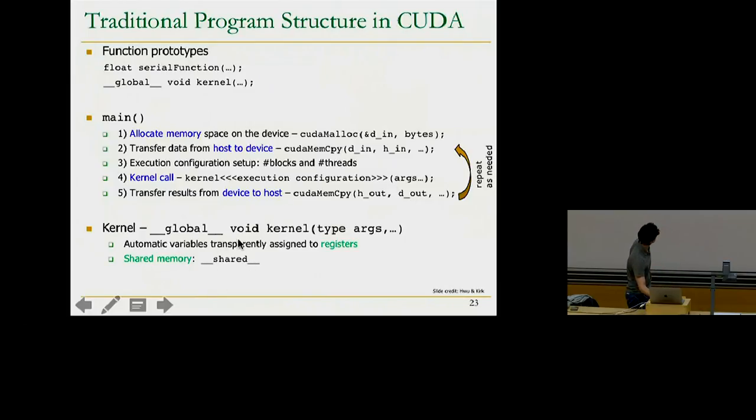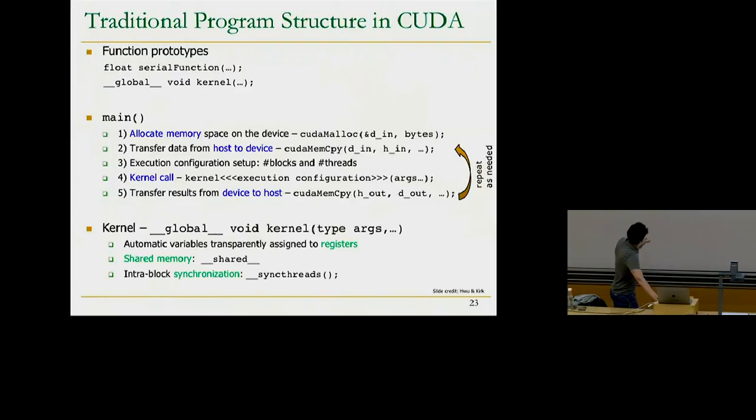We can declare shared memory arrays that are useful for the thread blocks, so threads in these blocks can move some data from global memory to shared memory, which is a kind of software-managed cache. We will talk about that later.